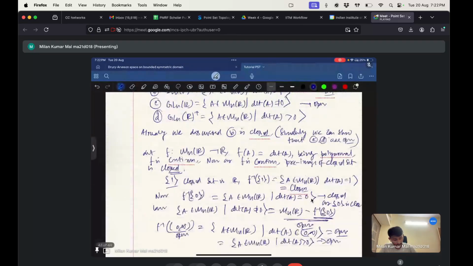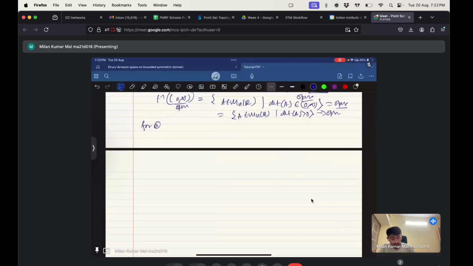Now the first option, orthogonal matrix. So for option A, what will we define? We define F from MnR to MnR, F of A is equal to A transpose A. Then we have seen that F is continuous and the singleton set ID is closed in MnR, because this is a singleton set and MnR has the standard topology, that is the topology of R to the power n squared.